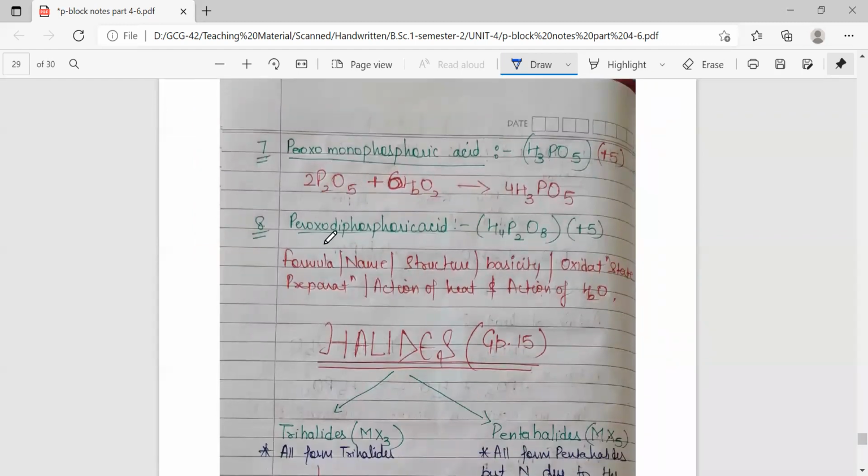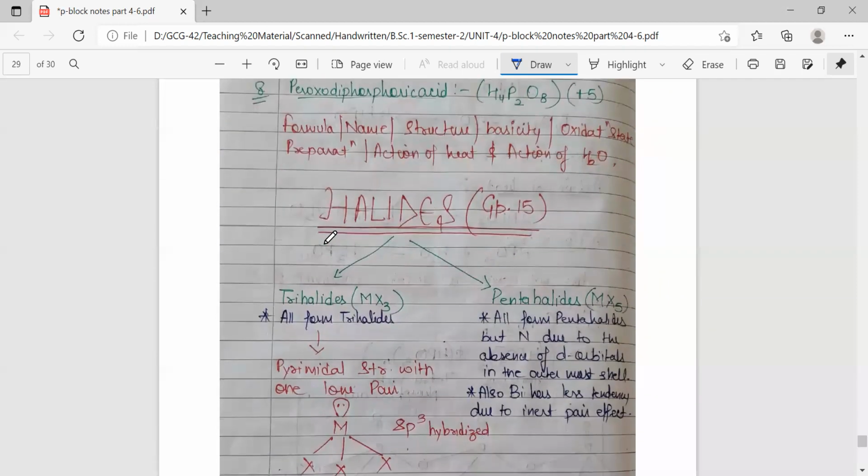So we can easily memorize their formula, name, and structure based upon the tricks I have discussed and the corresponding action of heat. These are the important points that we have to memorize: the action of heat, the action of water, and their preparation. So these are the important points to be kept in mind. Memorizing them is very easy. You just have to practice them by drawing using pen and paper.